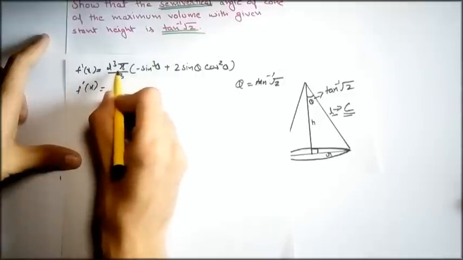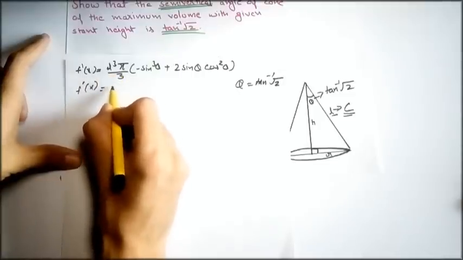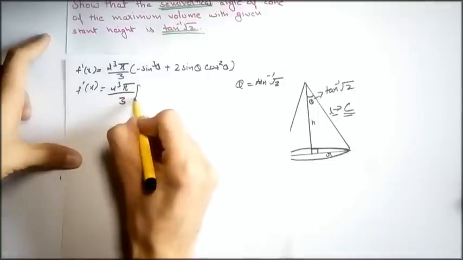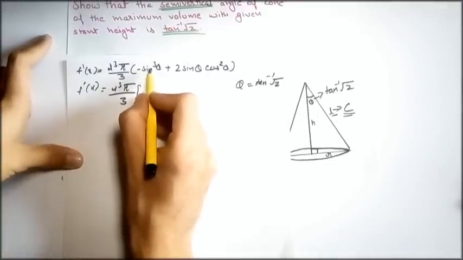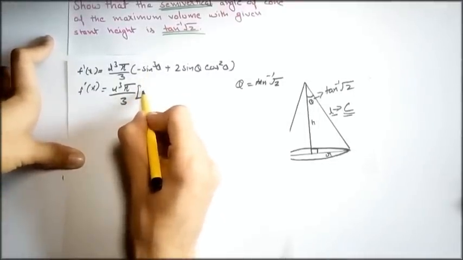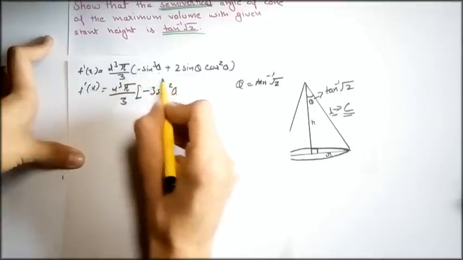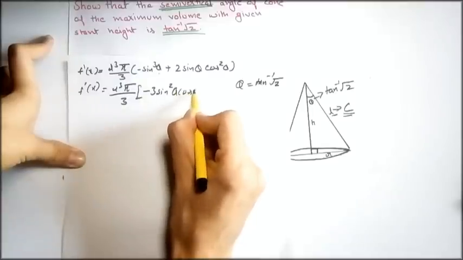So L cube pi by 3 will remain in here, that is the constant times the function. Now we will solve this. Here I will use the chain rule: first I will get minus 3 sine square theta, and then the derivative of sine theta which is cos theta.